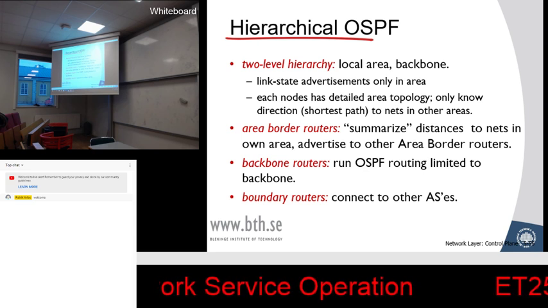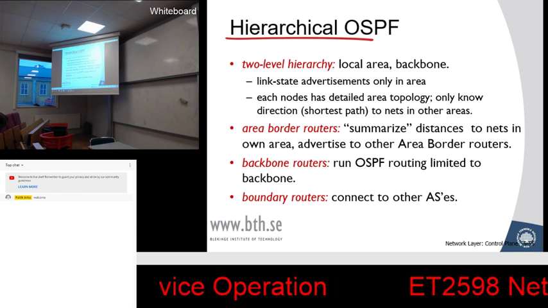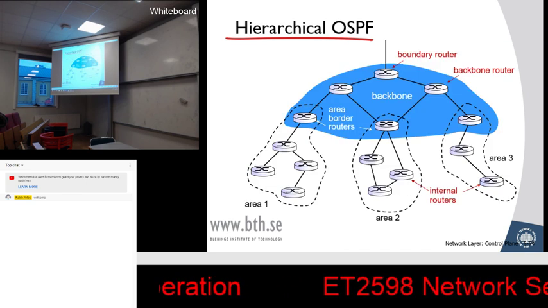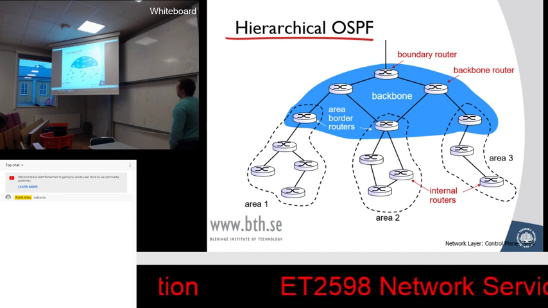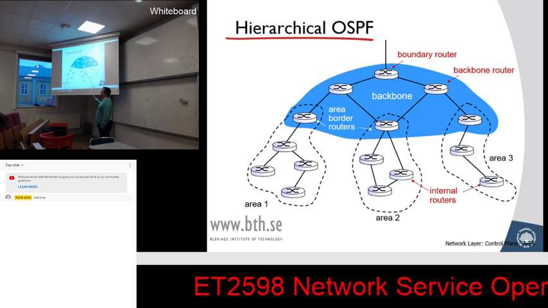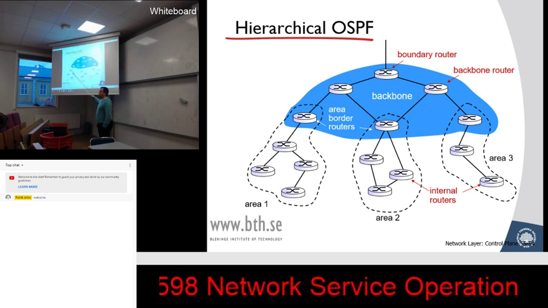The example that I had here was a two-tier level. You had a local area where you run one OSPF, and then you have one that runs in this area. So these guys down here exchange information.